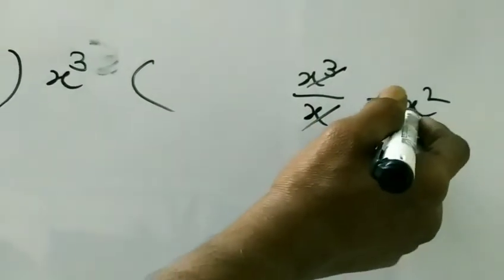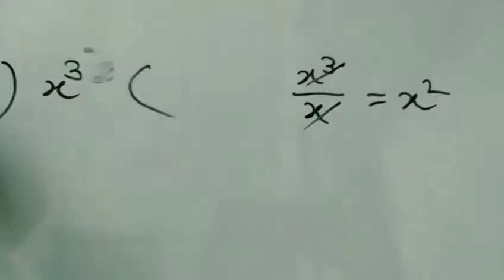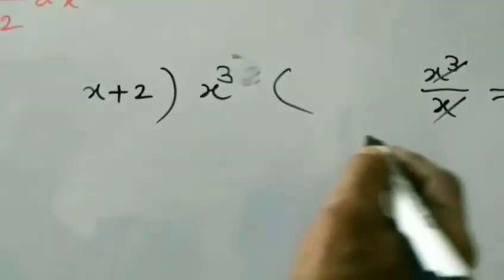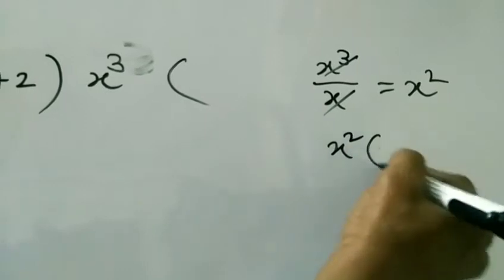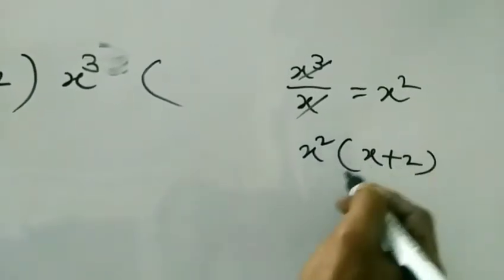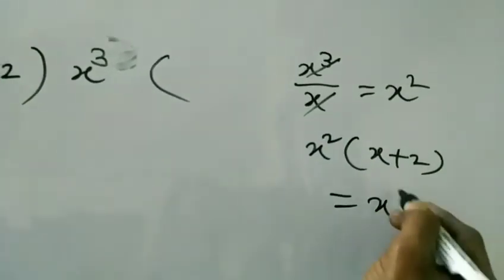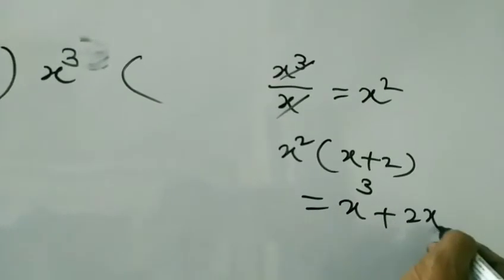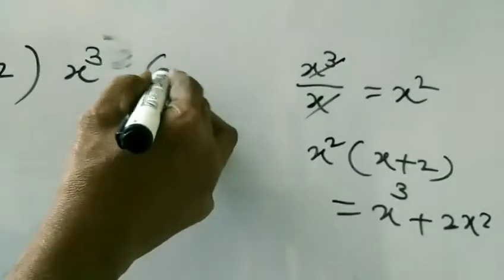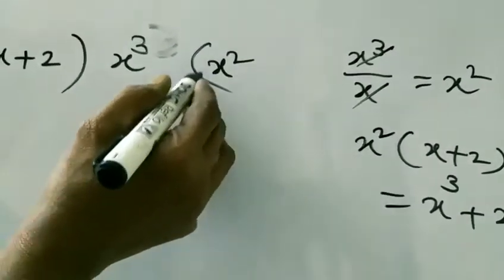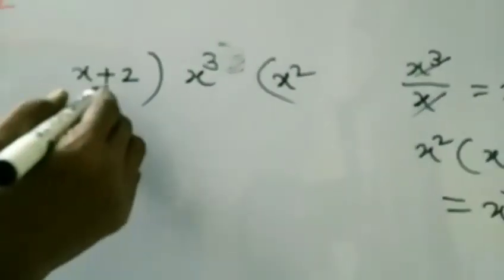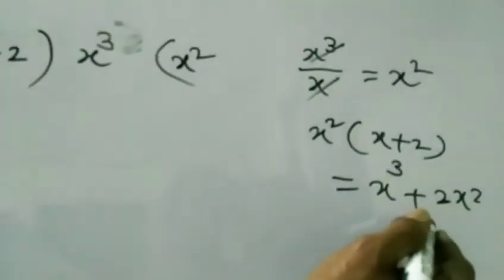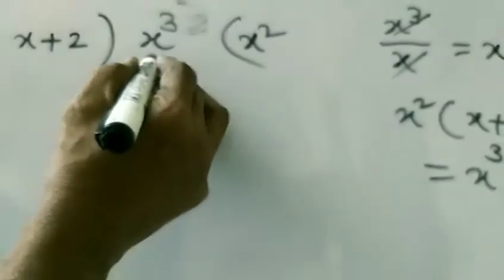Now we have to multiply x square with this whole term, x square into x plus 2 is equal to x cube plus 2x square. So x square into x plus 2 becomes x cube plus 2x square.